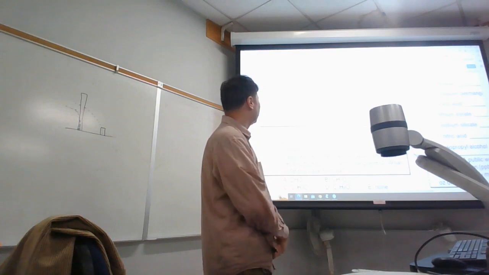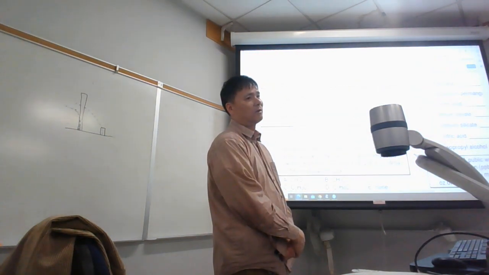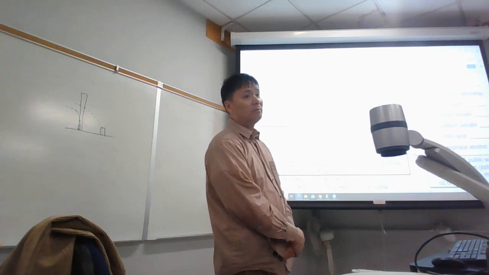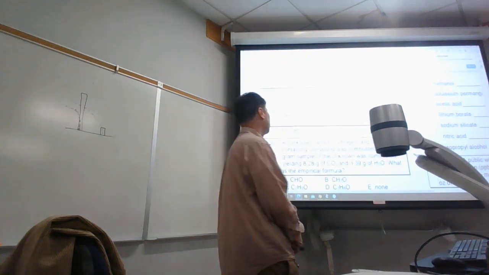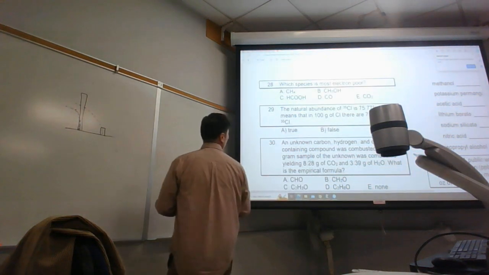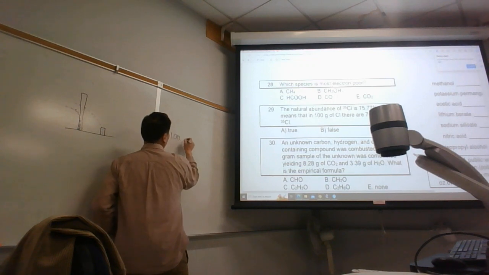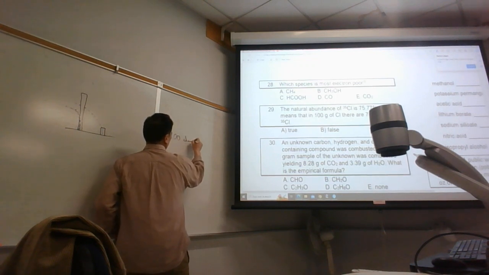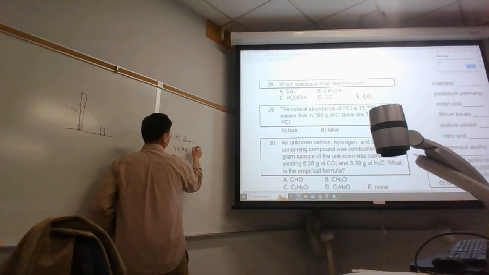The correct answer would be true. It means that in 100 atoms of chlorine, there will be 75.77 chlorine-35 atoms.